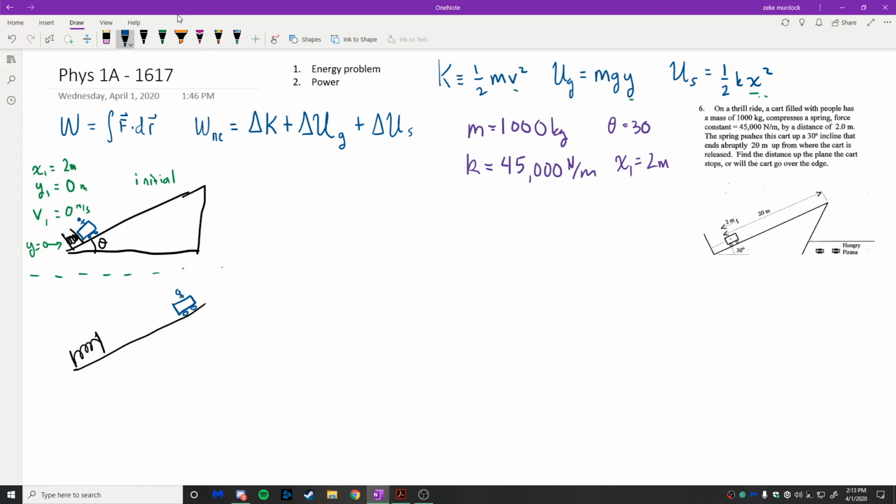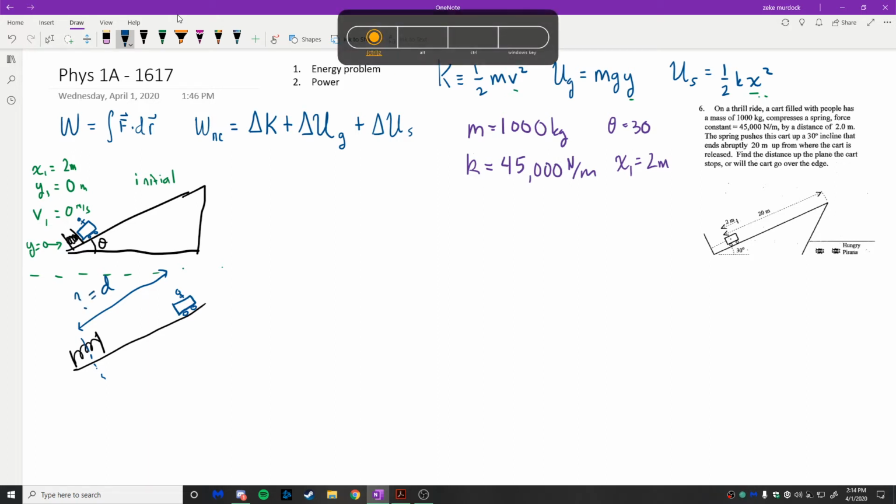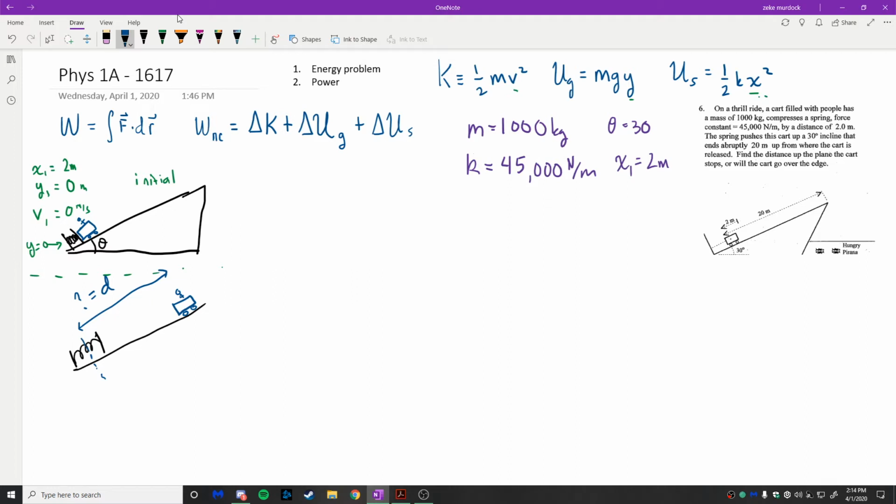Relative to where it started, it moves some distance along the ramp, and we just call that distance d. We don't know what it is, but we're trying to calculate it. So what is d? What's the distance up the ramp it goes? And if that distance is longer than 20 meters, then people are going to fall into the ocean with the hungry piranhas.